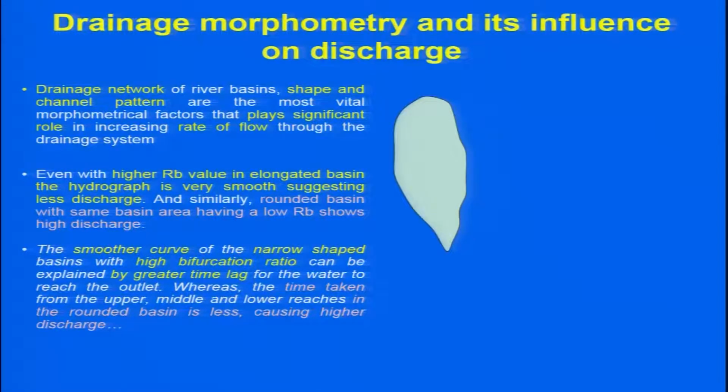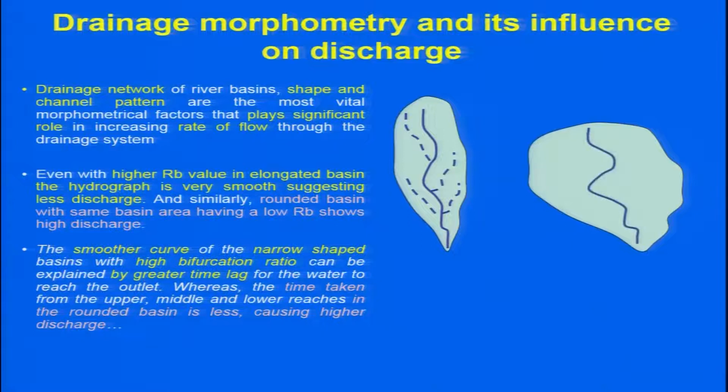If you take an example here, one is the elongated basin where the bifurcation ratio is higher. In this case we should have expected high discharge.